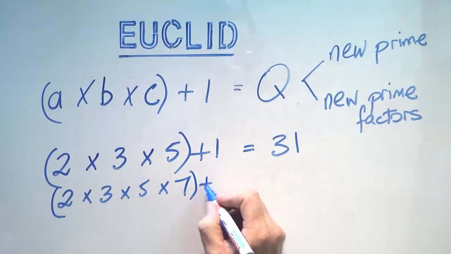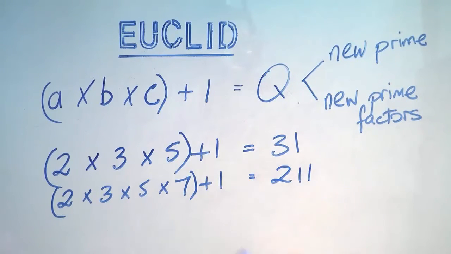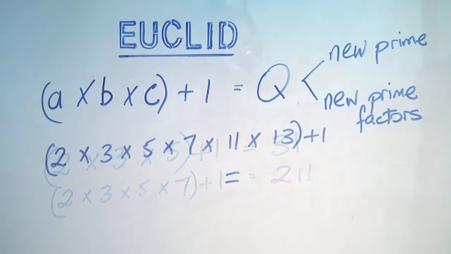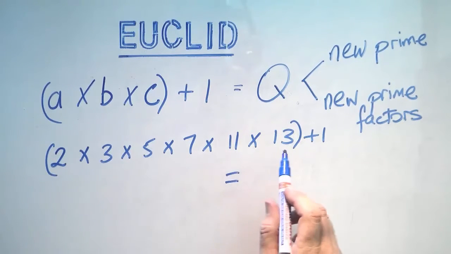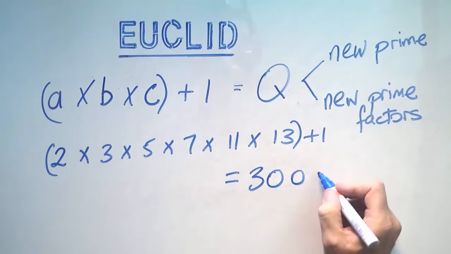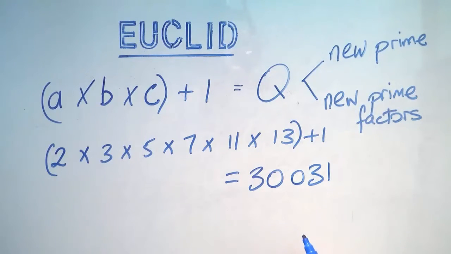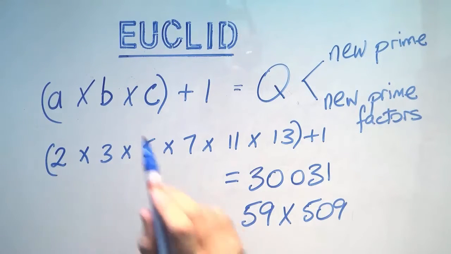Well, that would be 211, and that also is prime. If I multiply 2 by 3 by 5 by 7 by 11 by 13 plus 1, I get 30,031. And that is not prime. It equals 59 by 509. So in this case, we get 2 new prime factors to add to our list.